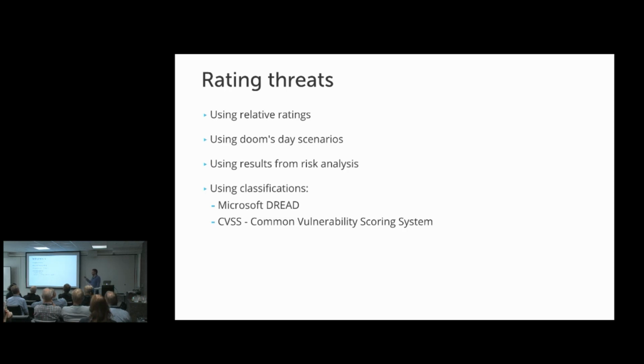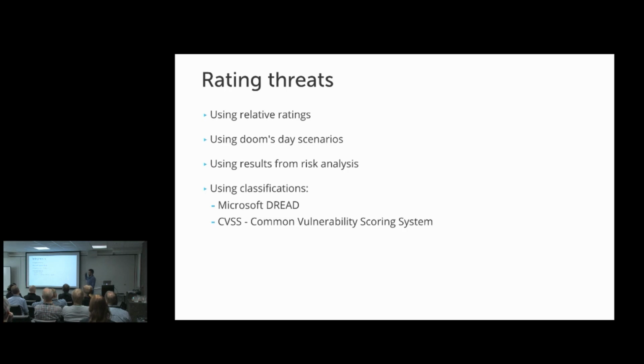If we've done risk analysis, we can use the results and see whether any of these threats help an attacker expose our systems to one of these risks. Well, okay, maybe we can rate them accordingly. Microsoft used to use something called DREAD. They're not using it anymore, but it has some interesting properties.